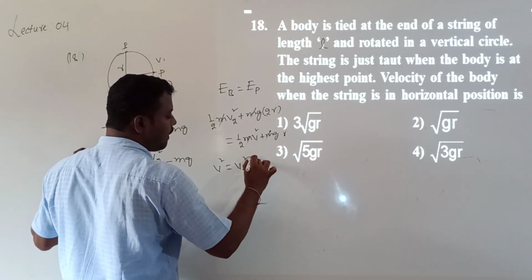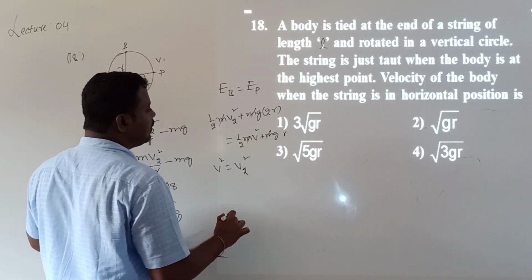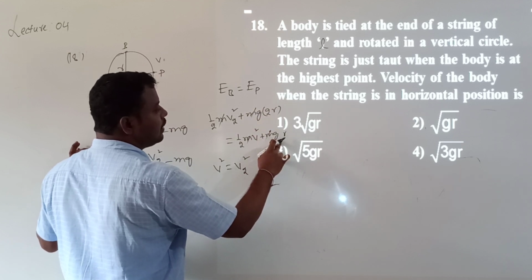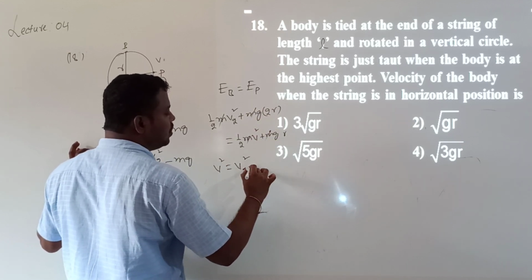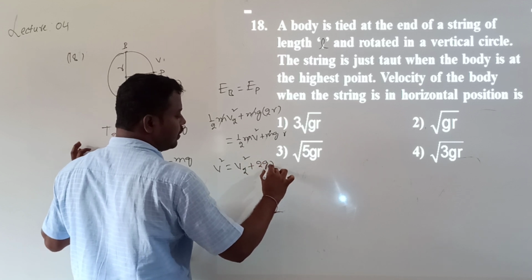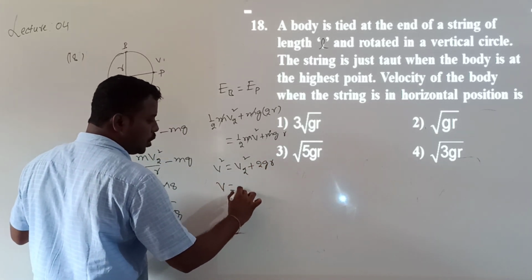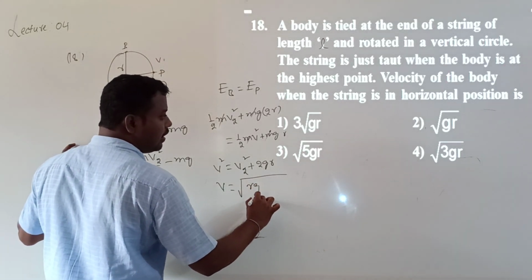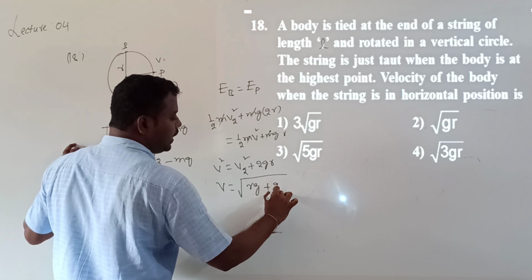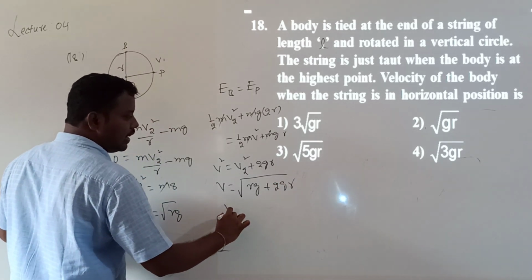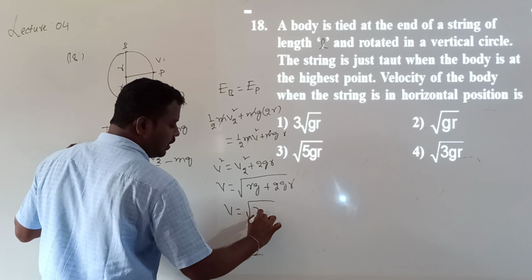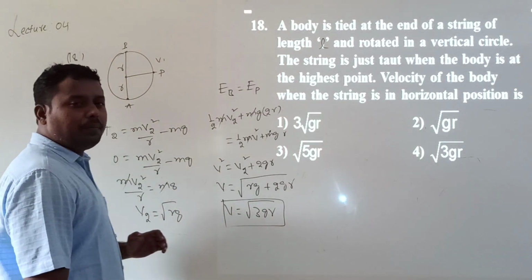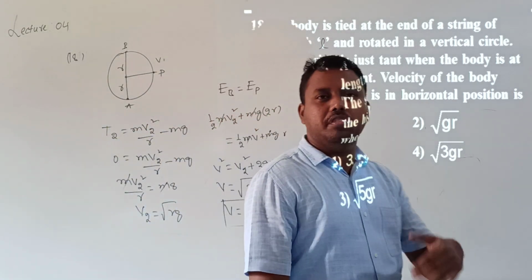V square is equal to V2 square plus 4gR minus 2gR, so I get 2gR. So V is equal to root over, V2 square value is R into G, plus 2 into G into R. Then the answer we get is root over 3 into G into R. Every problem may not be solved by the method I am using.